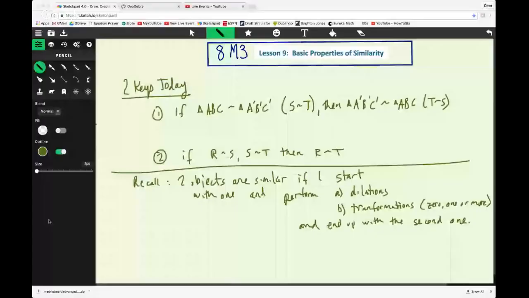Okay, so that's what today's all about. Just a little bit of solidification, understanding some rules that may seem a little bit obvious. Let's get on with it. Okay, let's cut over to our sketch pad and get right on it.